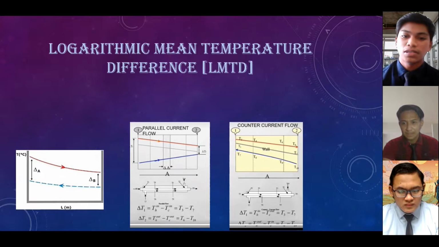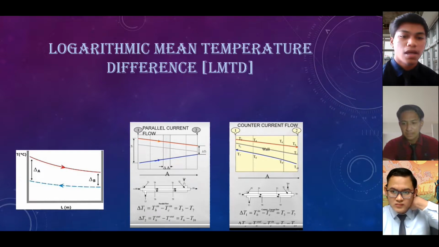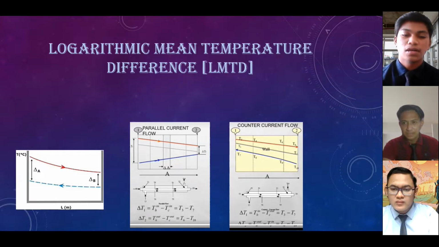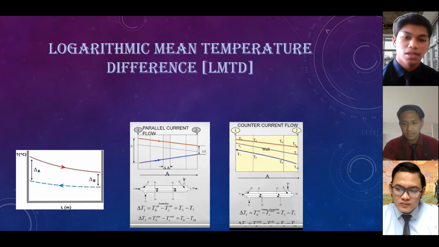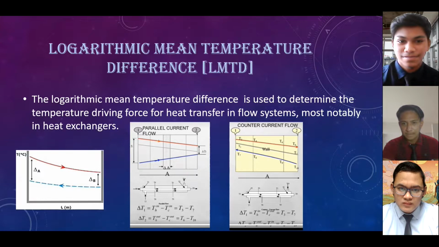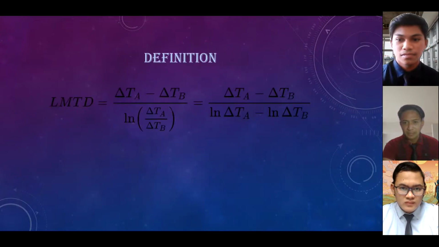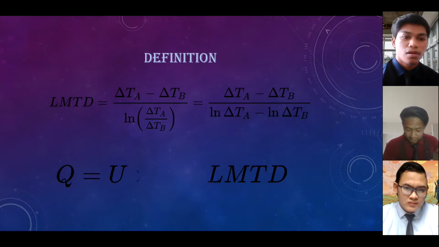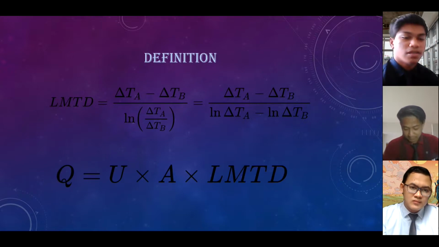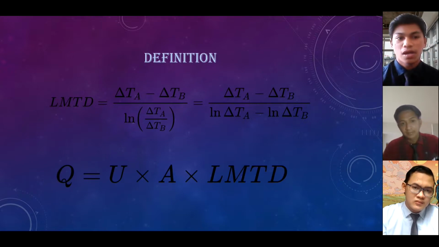Also, the third is a counter flow current, and it is given a formula for you to find LMTD. Next slide. So this is the first formula for LMTD.